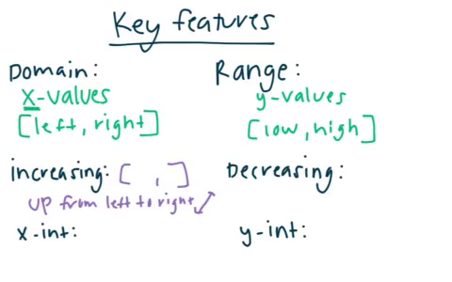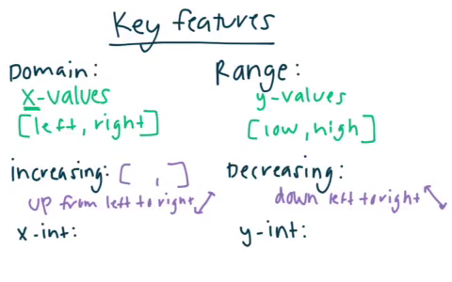Decreasing is going to be going down when we're looking at it from left to right. So your function is going down. With linear functions, it's what we associate with positive slopes and negative slopes.